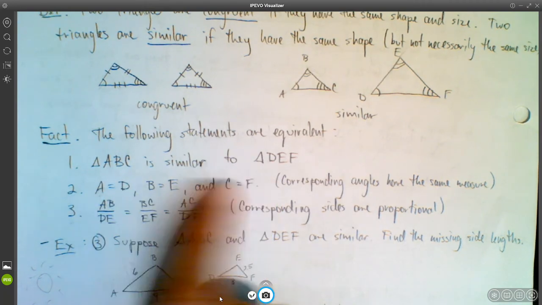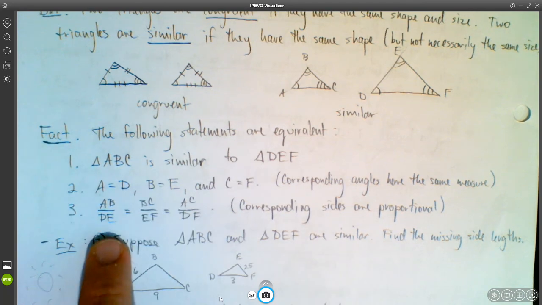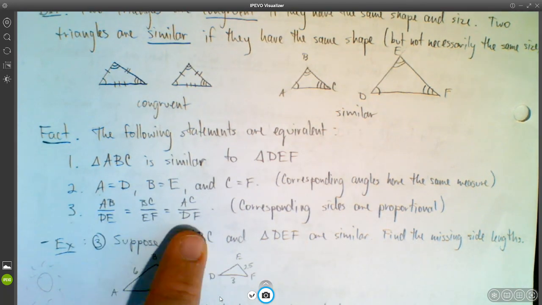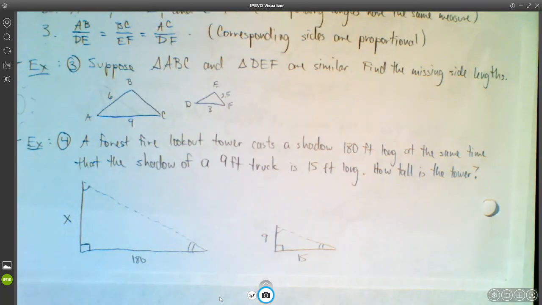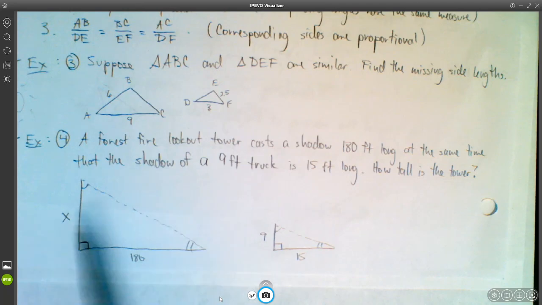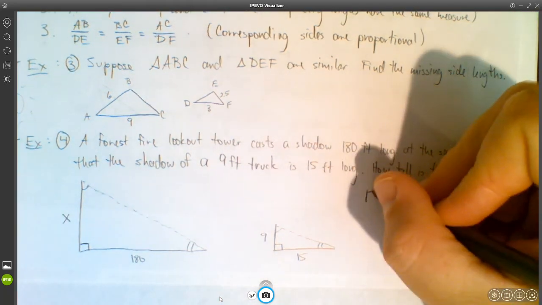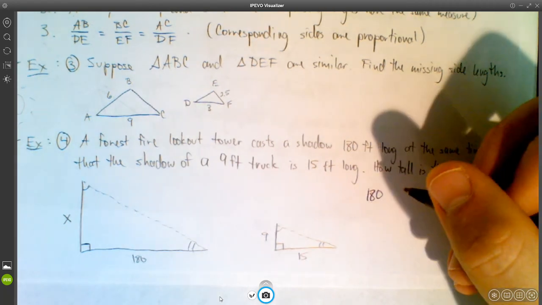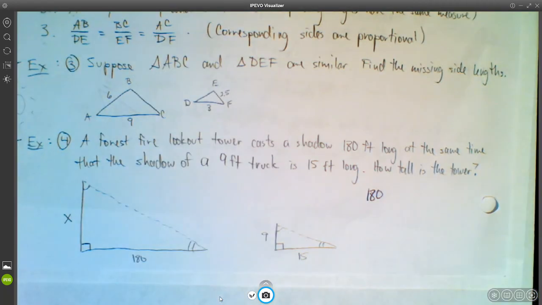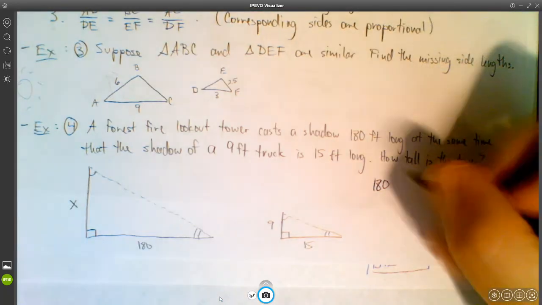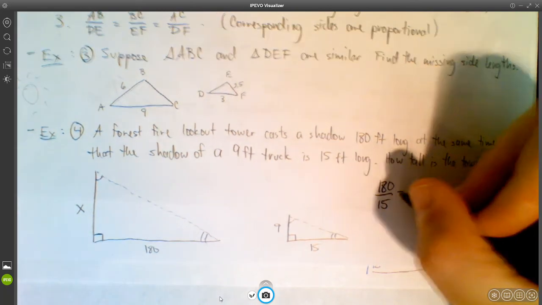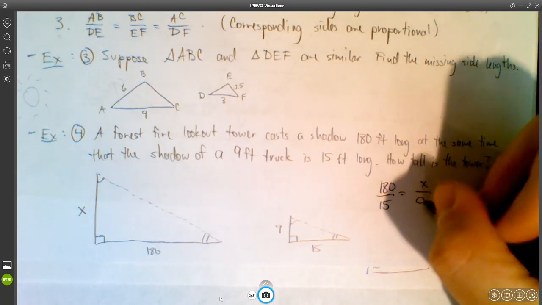Well, if the two triangles are similar, then corresponding sides are proportional. So we can say something like 180 over 15 equals x over 9, right? Whatever. 180 over 15 equals x over 9.